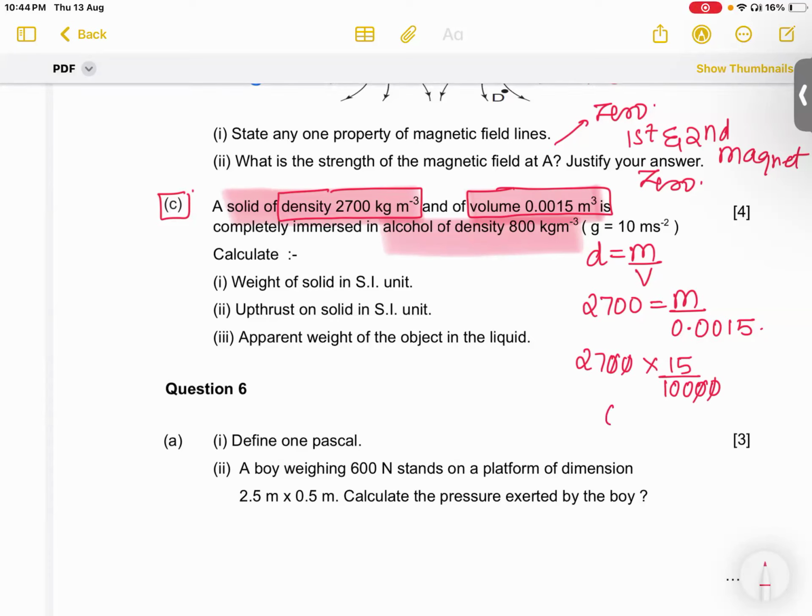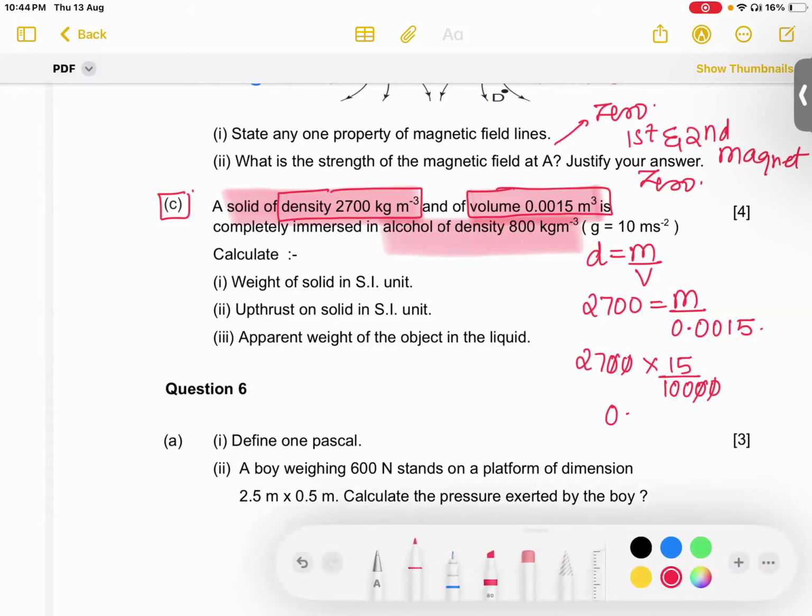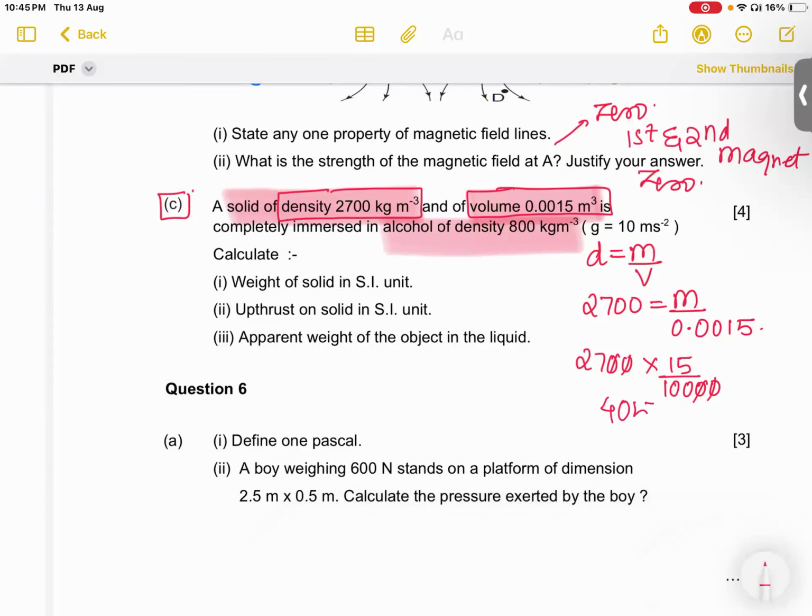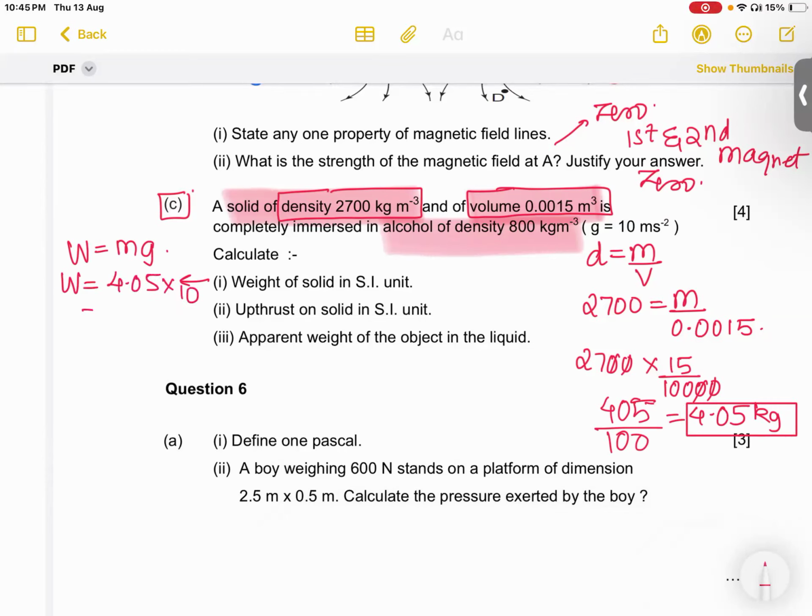So guys, I will write this as 405 upon 100, which will be 4.05 kg. Now, guys, we need to calculate weight. So for weight, I will write here W is equal to M into G. Luckily, they have given me the value of G. So 4.05 into 10 would give me 40.5 Newton.